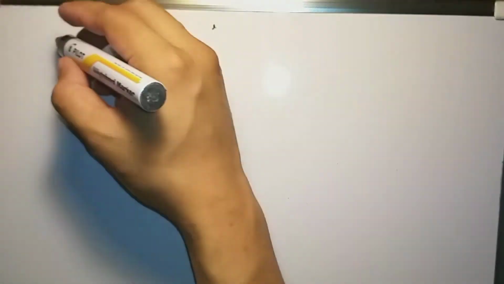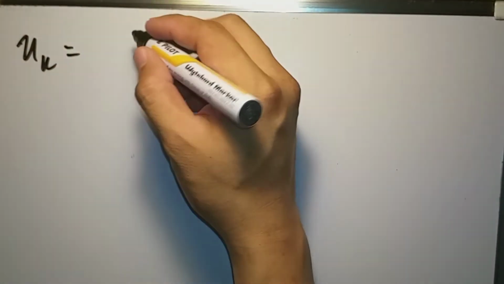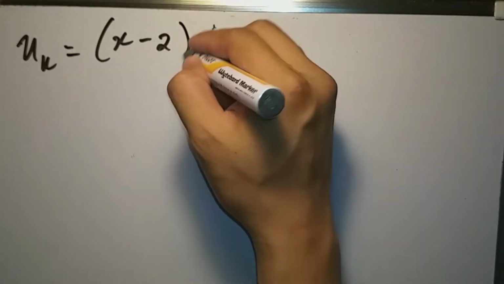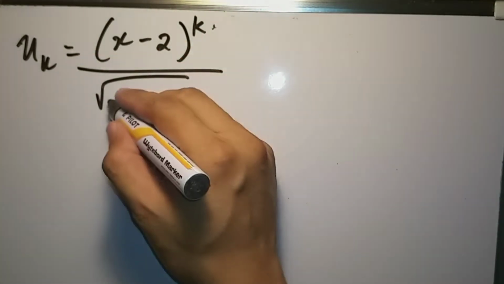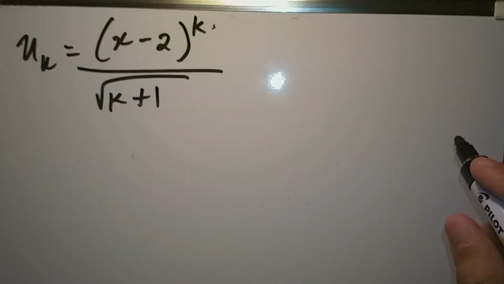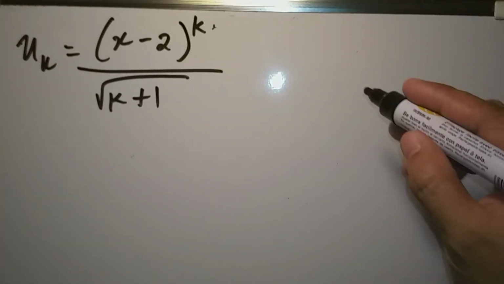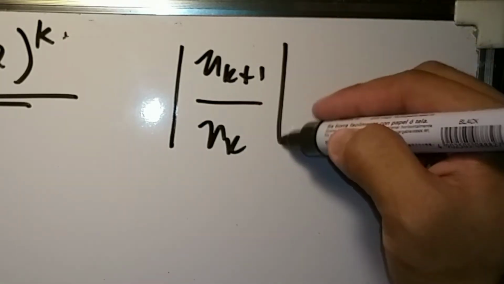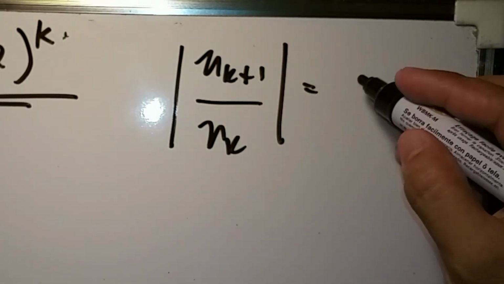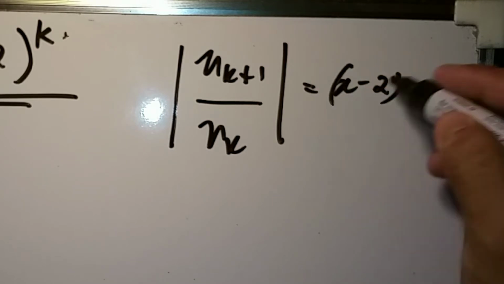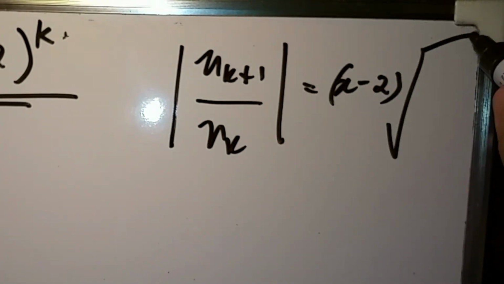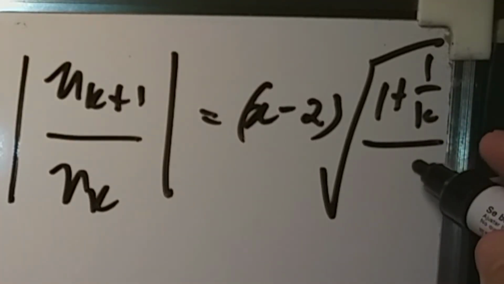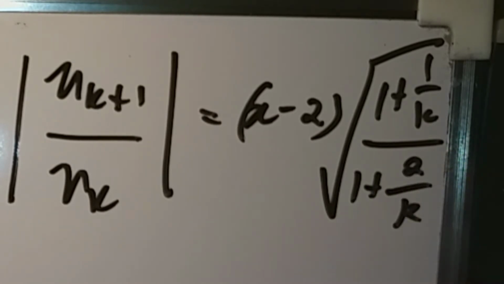Okay, so let us do that. We let u_k be (x minus 2) to the k all over square root of k plus 1. If we take the absolute value of u_(k+1) over u_k, we will get the absolute value of x minus 2 times the square root of 1 plus 1 over k all over 1 plus 2 over k.